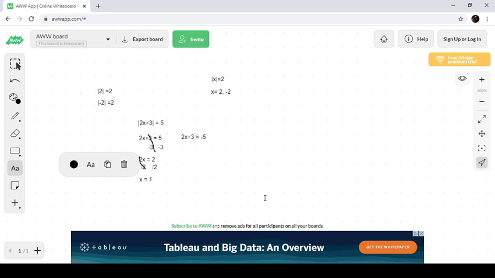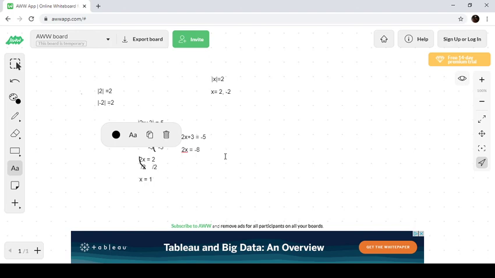But we can't stop there. Remember, we need to solve this one as well. Basically the same steps, though. Subtract 3 from both sides. So subtract 3 from this side, it cancels. Subtract 3 from this side, we get negative 8. So 2x equals negative 8. And then divide by 2 on both sides.